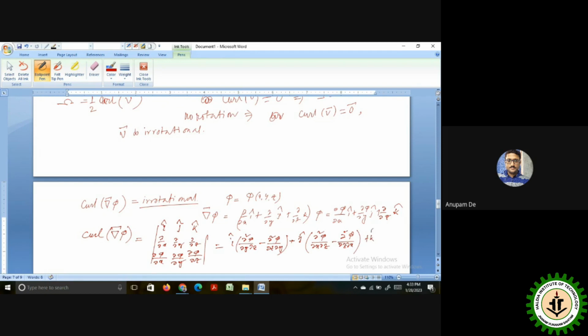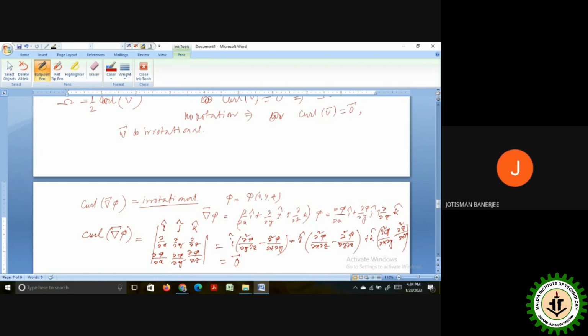Similarly, plus k into del 2 phi by del x del y minus del 2 phi by del y del x. So what you are getting here? It's not ordinary zero, it's a zero vector. Is that clear to all?